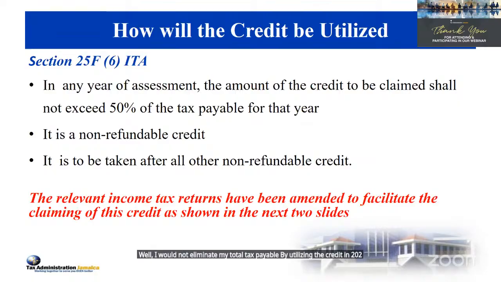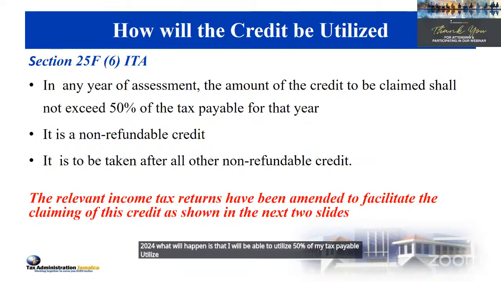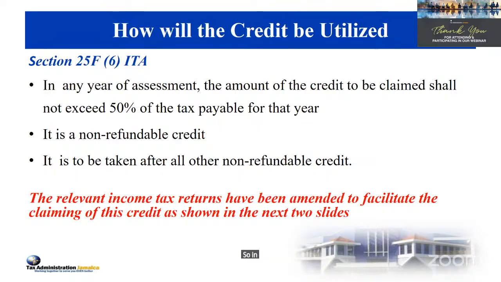What will happen is that I will be able to utilize the credit of 50% of my tax payable. So in 2024, I would be able to utilize $500,000 of the 1.2 that I'm entitled to.